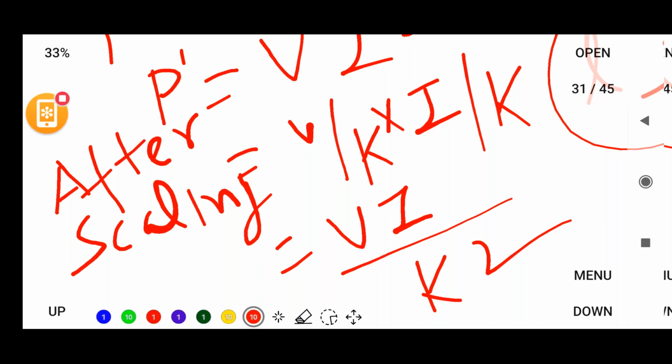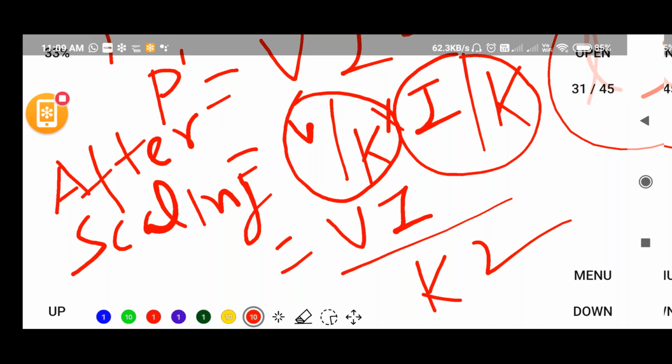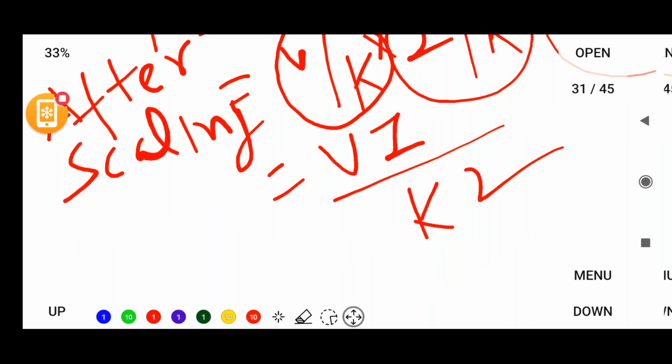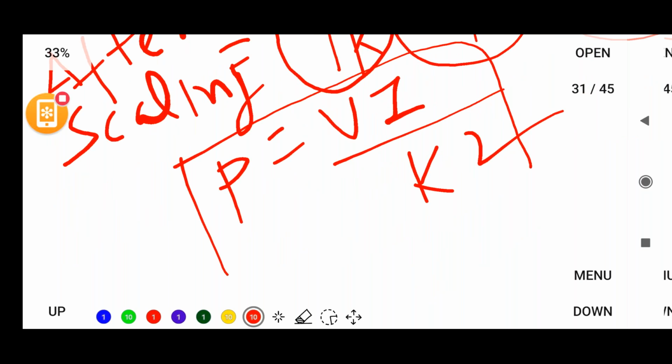After scaling, your voltage is reduced to V by K, and your current is reduced to I by K. What is K? K is a scaling factor. So after scaling, your power consumption is VI divided by K square. This is not P, this is P dash.